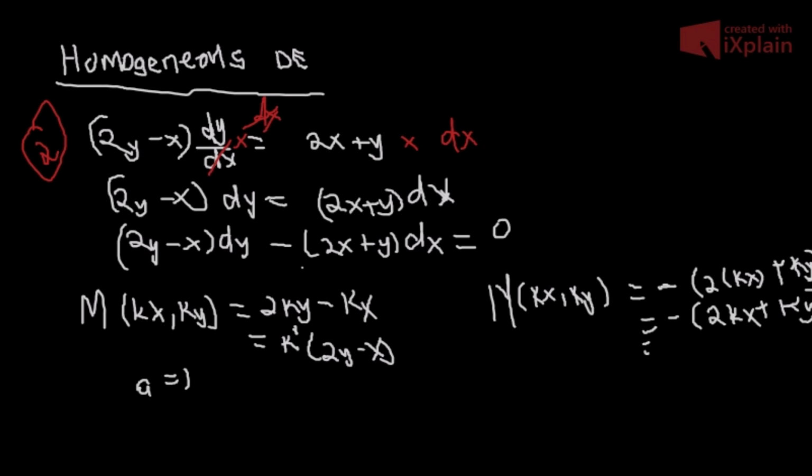From there, we have to factor out our k, and then we'll be left with negative 2x plus y. Then the degree is 1. So they have the same degree. That makes them to be homogeneous.